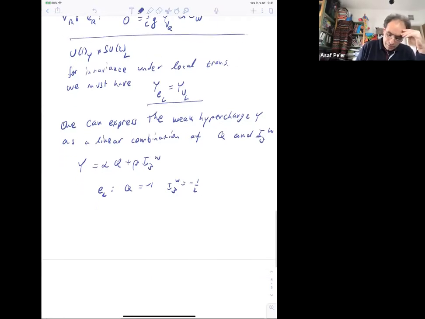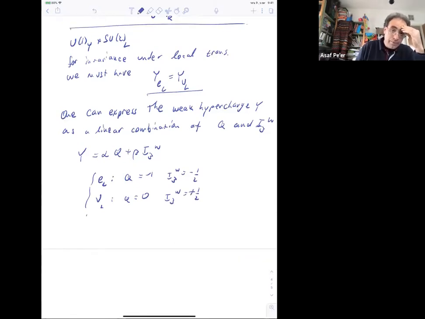For the neutrino, Q is equal to 0 and I3 weak is +1/2. So that automatically gives us that Y neutrino left is +1/2 beta, and Y electron left is -alpha - 1/2 beta.